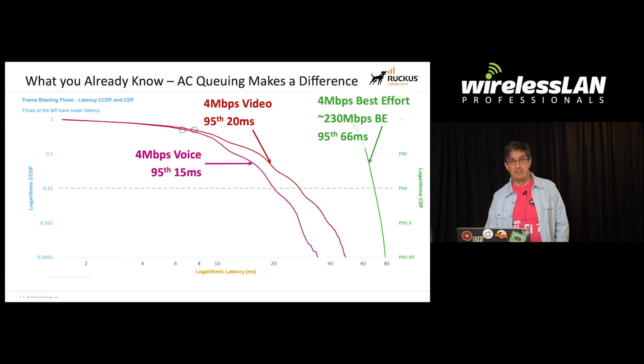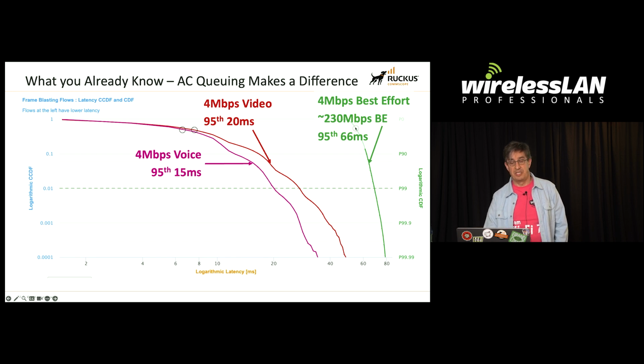Let me just describe the scenario. I have 4 downlink flows going from the AP to the client. There's a 4 megabit per second voice, 4 megabit per second video, 4 megabit per second best effort. And then I've also got a loading flow. This is a 20 megahertz channel, so there's a loading flow that's saturating the link that's also best effort.